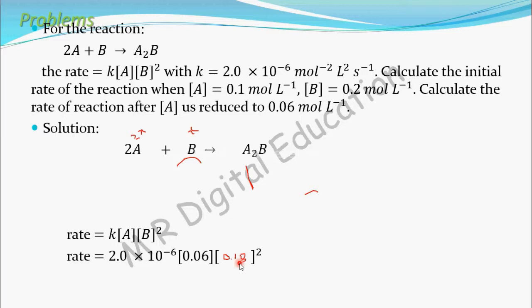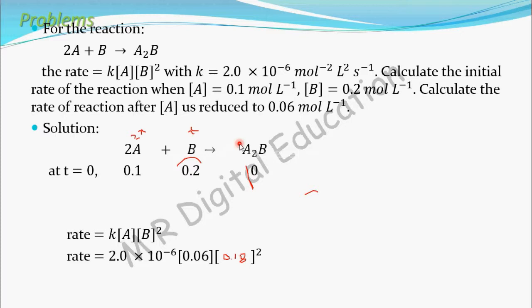So initially, that is at time t equal to 0, the concentration of A was 0.1 mole per liter and that of B was 0.2 mole per liter, and at that time product A2B will be 0, because at the start of the reaction there will be no product, only reactants will be there. As the reaction goes, A and B will react to give product A2B.